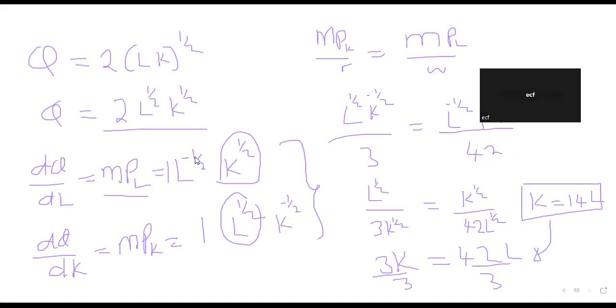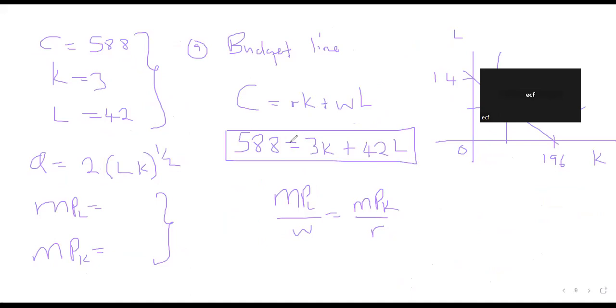All right. So we now take this back to our original function. K is equal to 14L, so we have this function. So we found that K is equal to what? 14L. So where there is K, we're going to put what? 14L. Are we together? So we're going to substitute this.